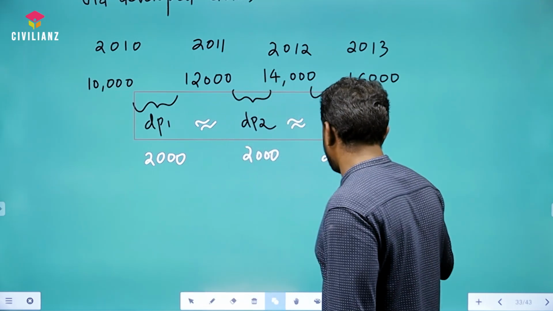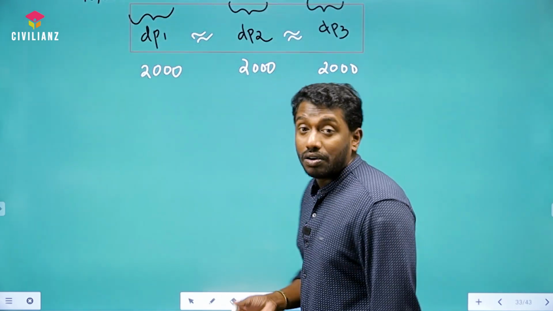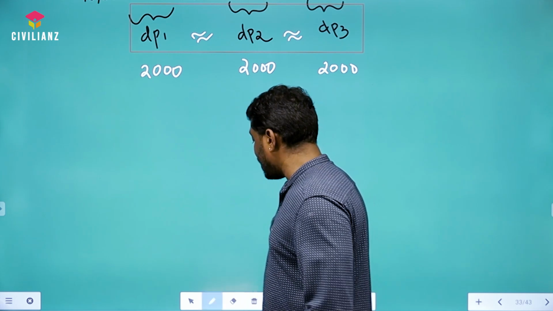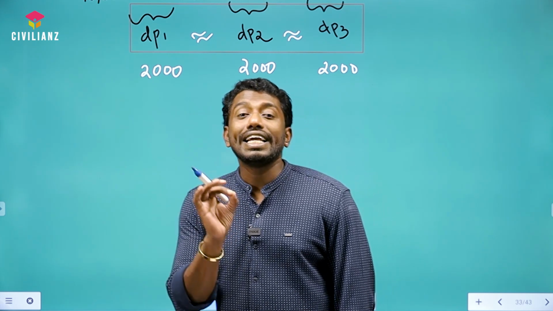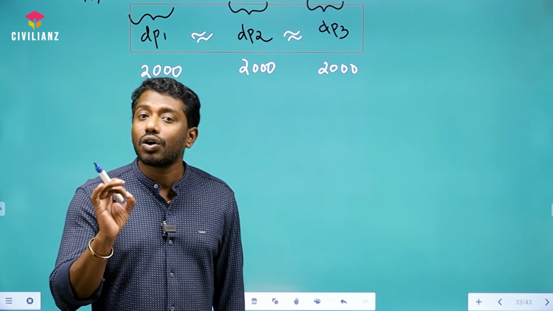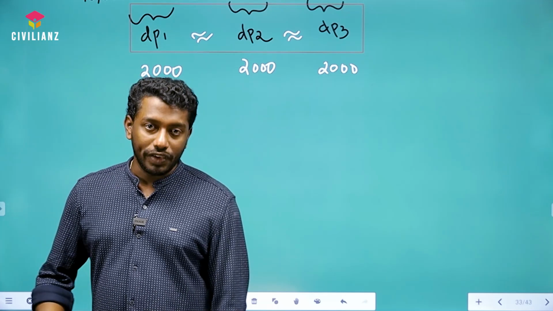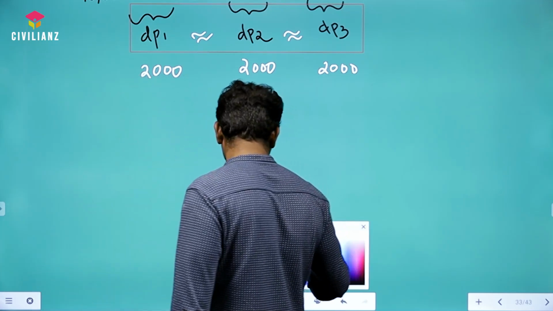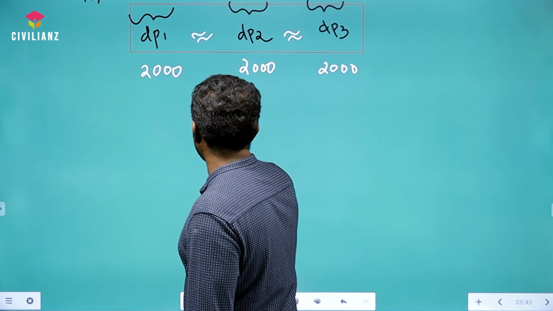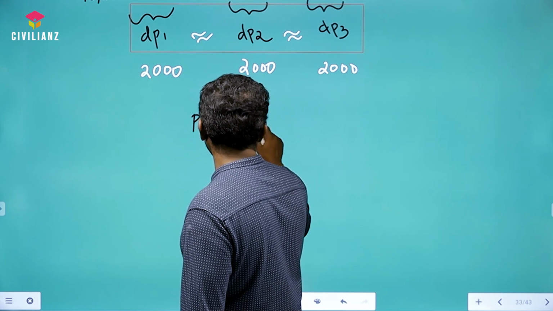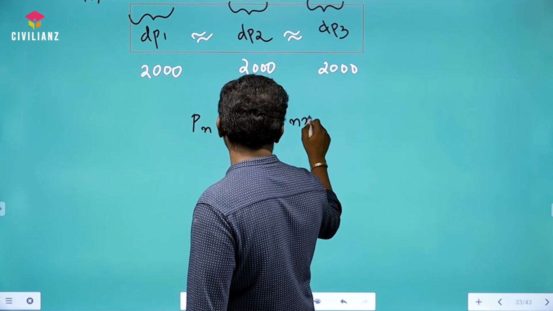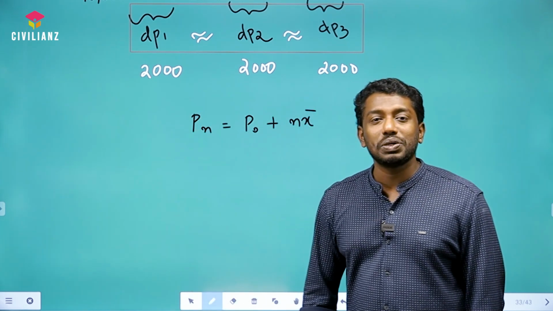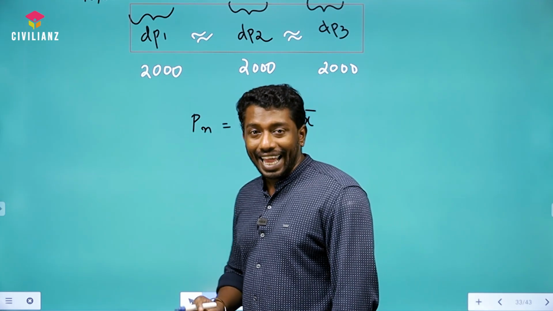So there is an equation for calculating here. One more thing: here we assume that the increase in population is constant. That is the assumption we use for making this equation. What is our equation? Pn is equal to P0 plus N x bar.